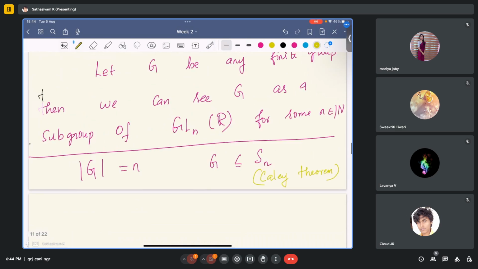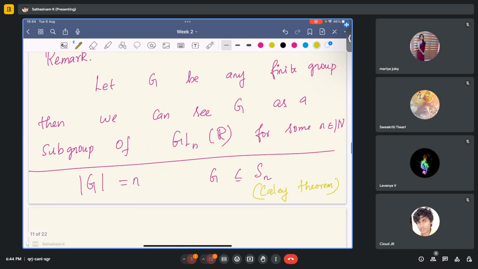Later we will do it here, but this Sn one can embed into GLn. So basically we have this kind of subgroup relation: any group G sits inside Sn, and Sn sits inside GLn, where n is the order of the group G.